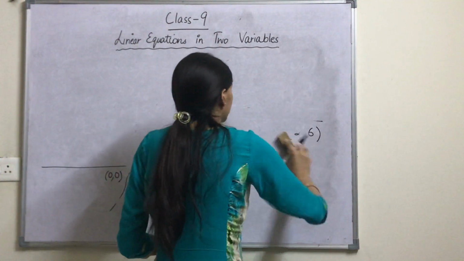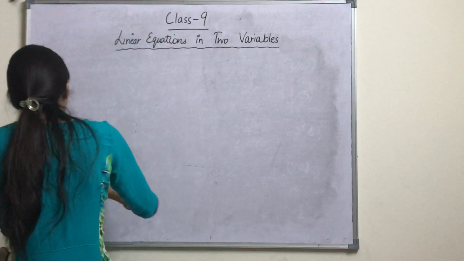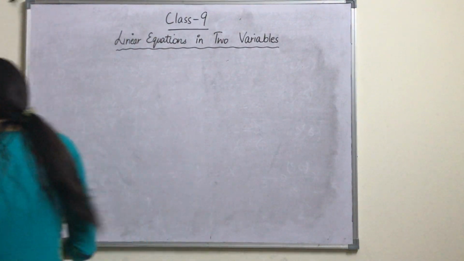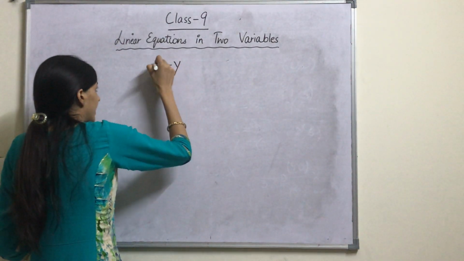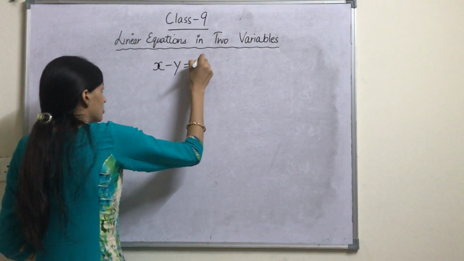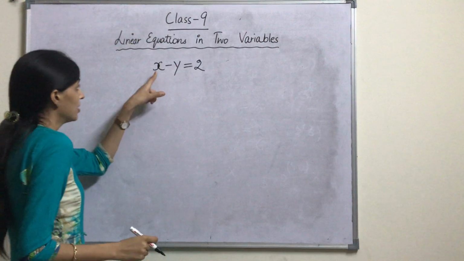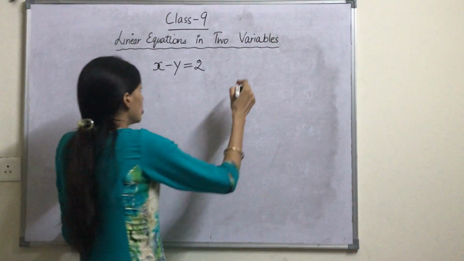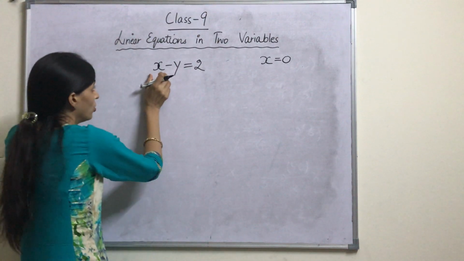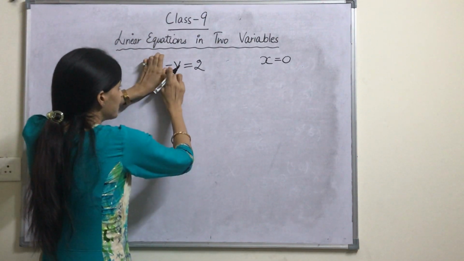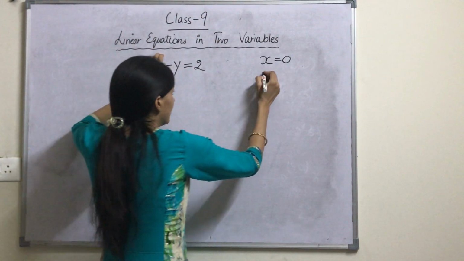Next is the last question. x minus y is 2. Take x as 0. If x is 0, that means this minus sign goes to this side.